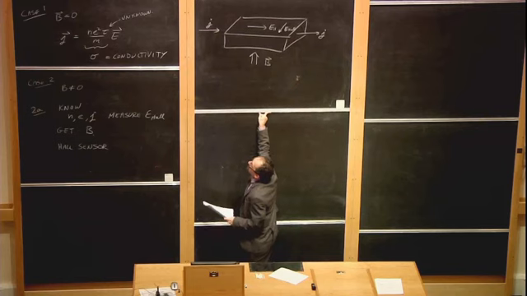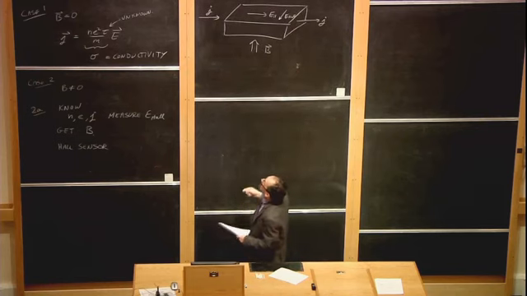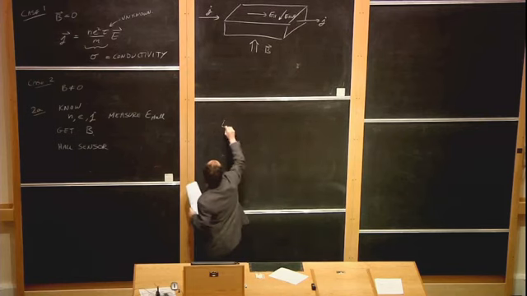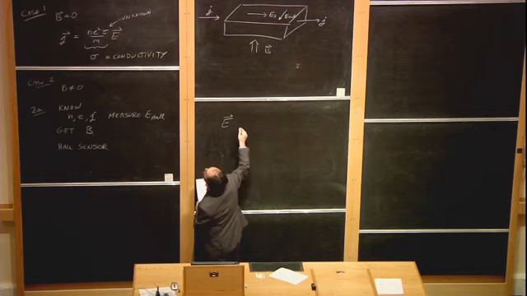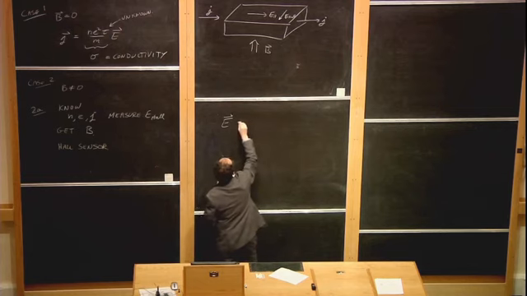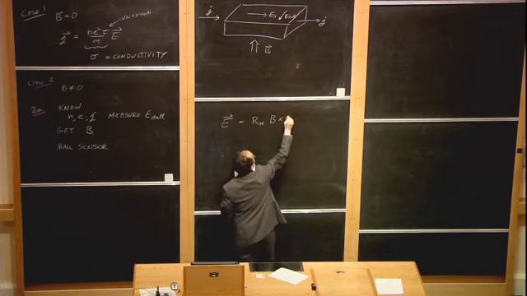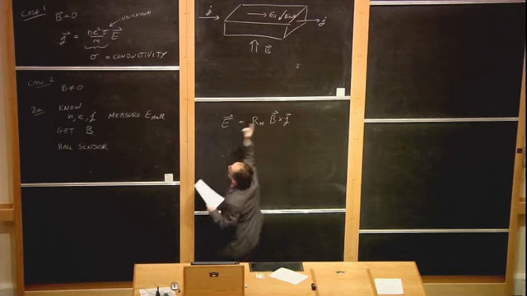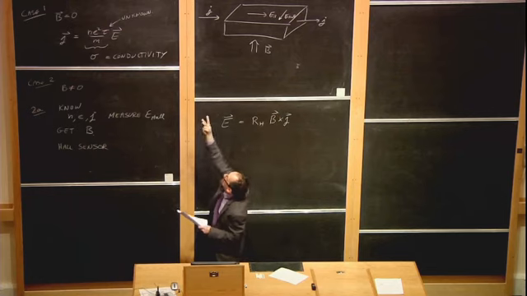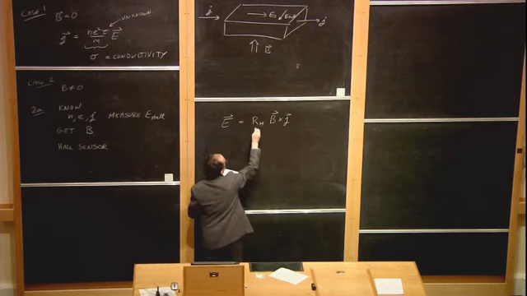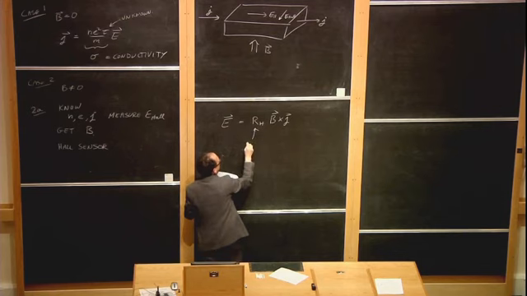Now let's be a little bit more detailed about this over here. Generally, if you have a current in a magnetic field, you will get something of the form, we define this quantity, RH B cross J. Notice that I turned the order of J and B over there to over here. This is just a definition of a commonly used quantity known as the Hall coefficient.